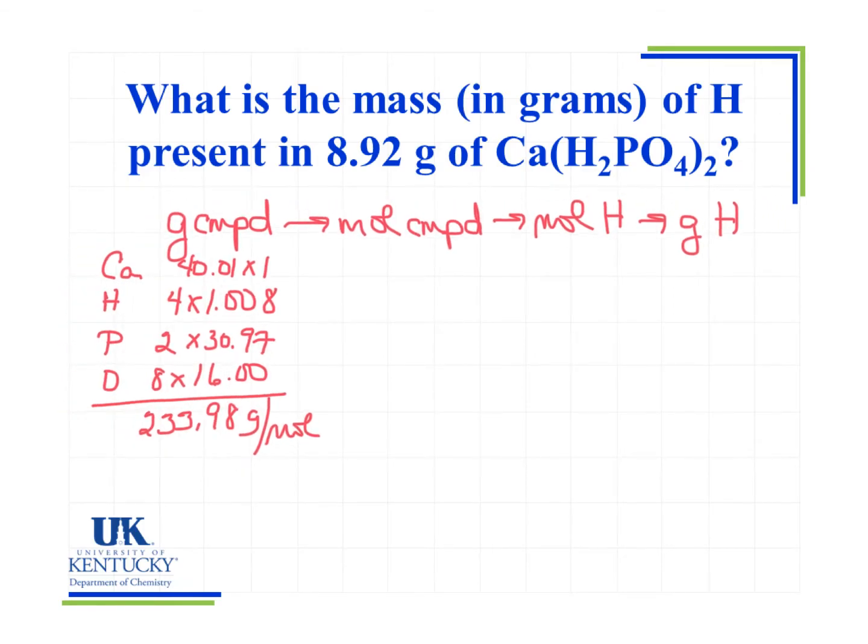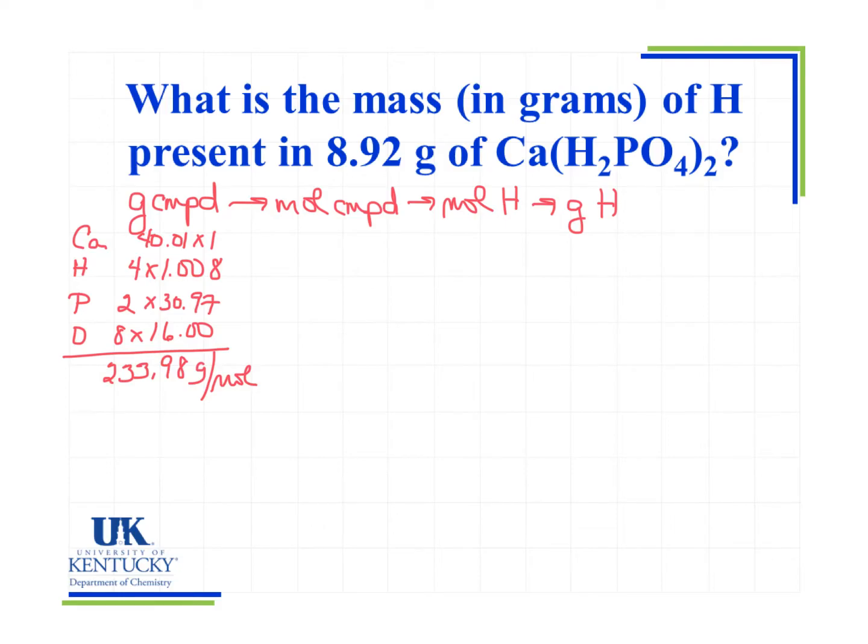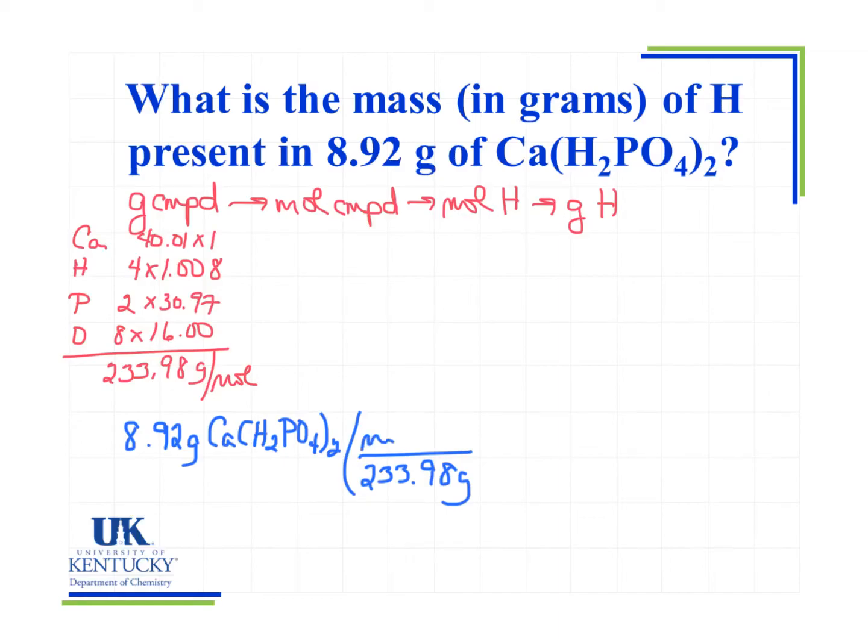Now let's see how we're going to set this up, now that we have our molar mass. We start with the grams of our compound, which is given in the problem: 8.92 grams of Ca(H2PO4)2. We use our molar mass, 233.98 grams per mole of the compound.